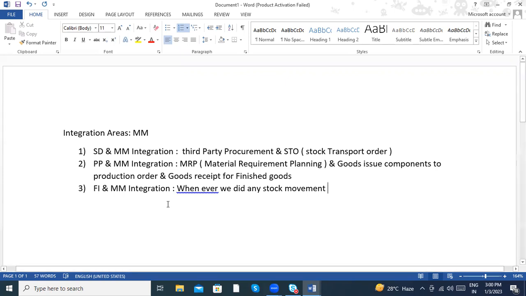Whenever a stock movement happens, this should be valuated stock. There is non-valuated stock and valuated stock as well. So the stock should have some value. The valuated stock movement happened.